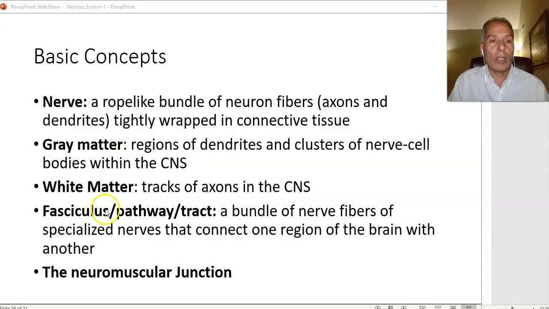So white matter, gray matter, fasciculus is a kind of pathway or a tract. And we'll study some of these.